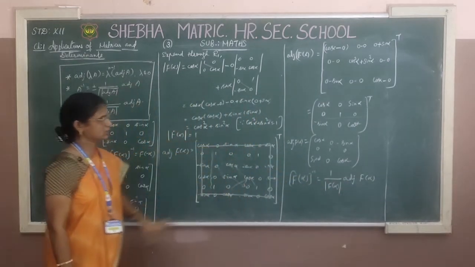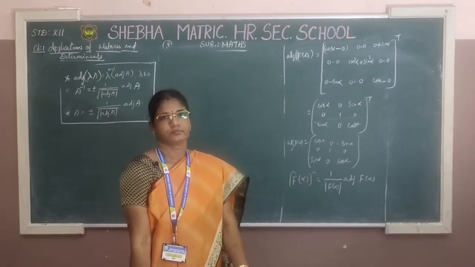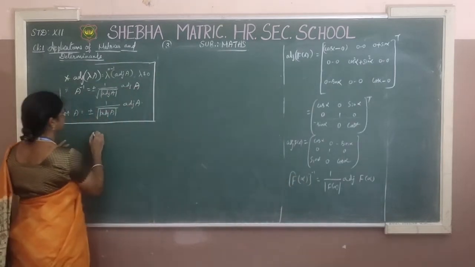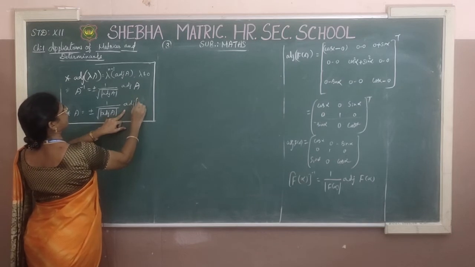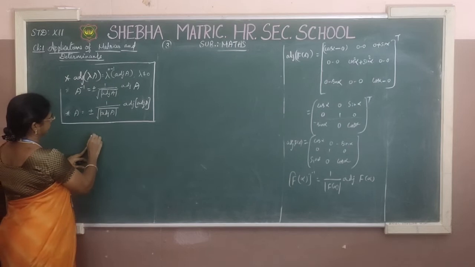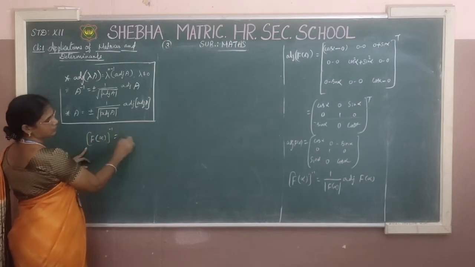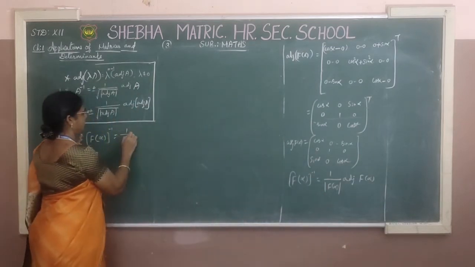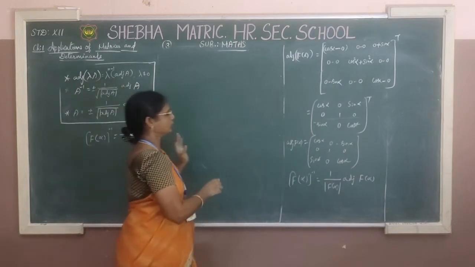So, first copy this. Next we are going to substitute. Listen, here one more correction is adjoint A. Okay. Next f of alpha the whole inverse is what? 1 by determinant of f of alpha. 1 by 1 we get for determinant value 1. So, into adjoint of f of alpha.